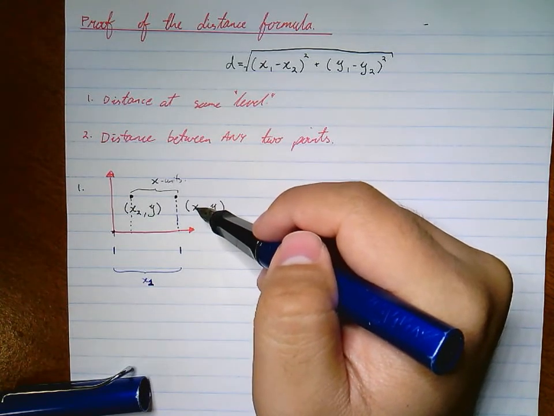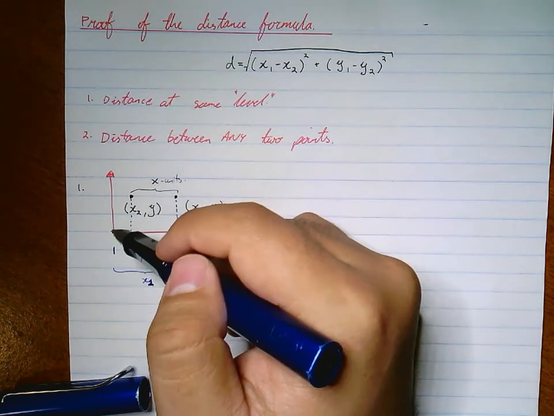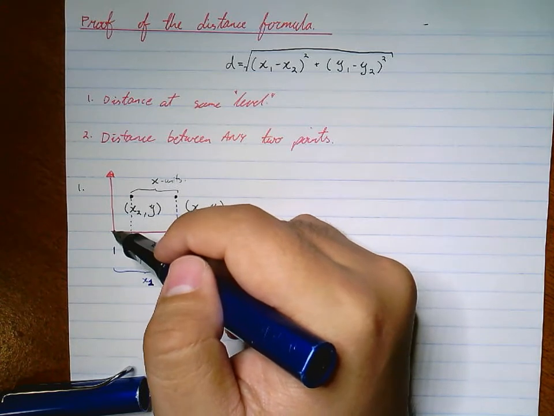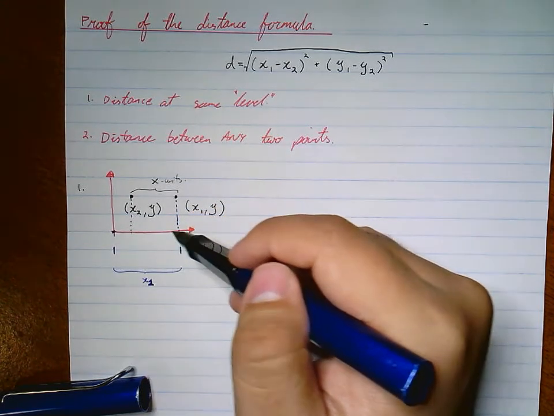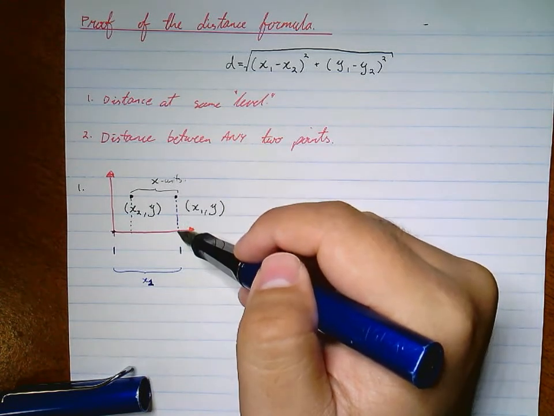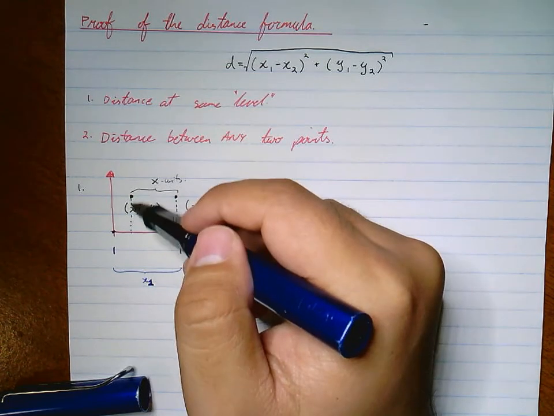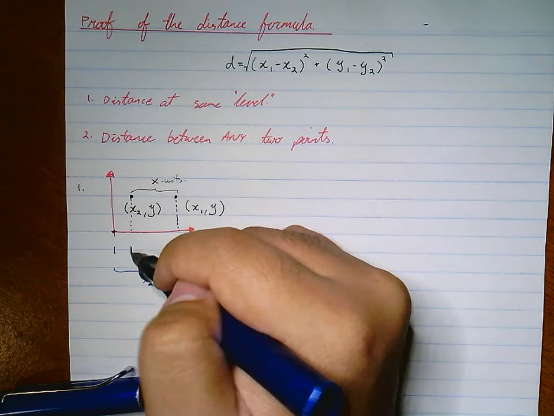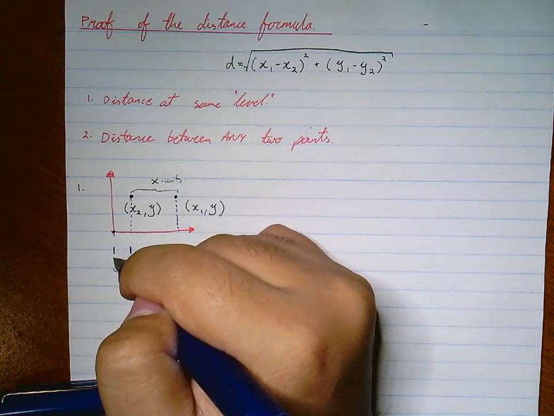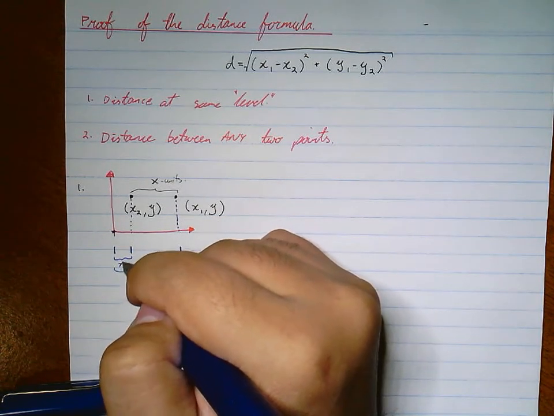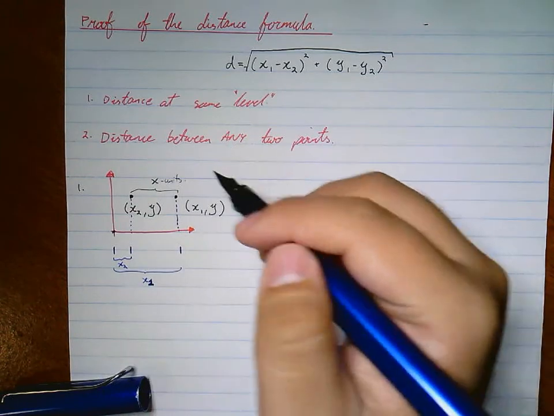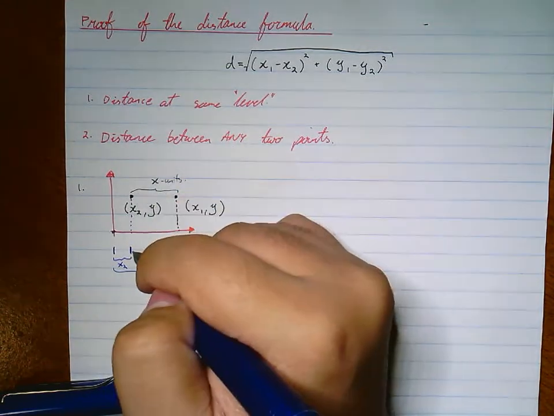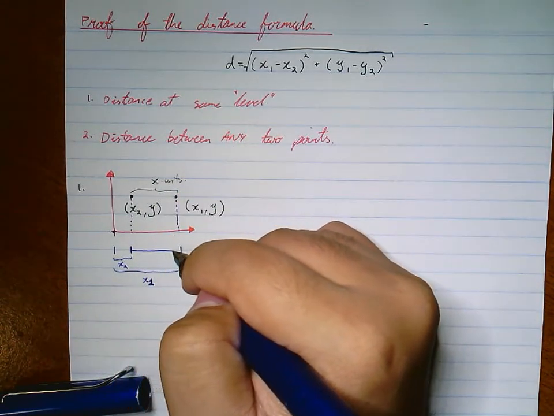Let's say that number was 5. That means from 0, it would have moved 5 units across, right? And this one is a distance of x2. So between these two, that's x units. That x1 is this point here.